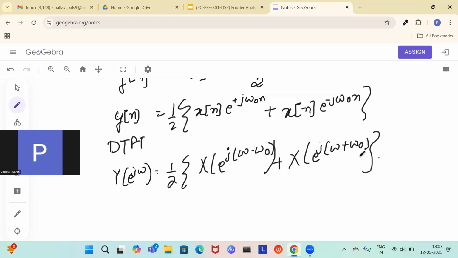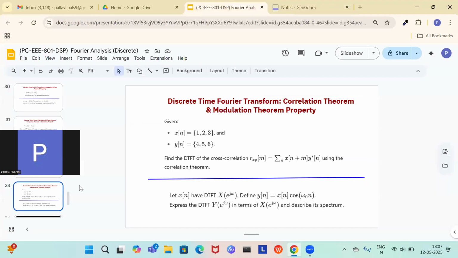So this is the modulation property, which is very useful in communication systems. It will shift the frequency. Here it means that the frequency is going to increase, and in the spectrum you are going to see that it is shifting. So that's all about the properties of DTFT.